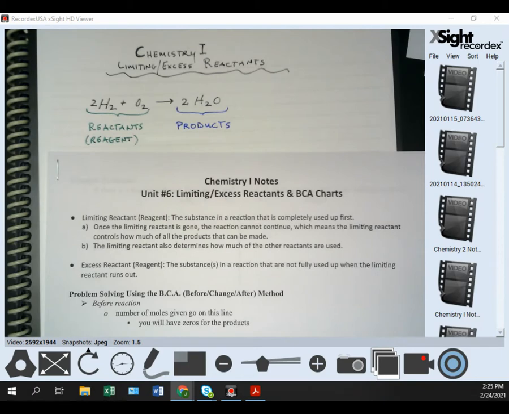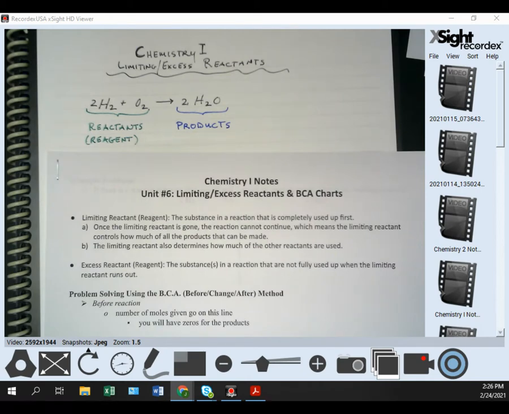The recipe tells you how much of each thing you've got to put together to get a certain product, correct? That's like a chemical reaction. So this balanced chemical equation is telling us we have two molecules, or moles if we're thinking that way, of hydrogen plus one molecule of oxygen are going to produce 2 molecules of water.